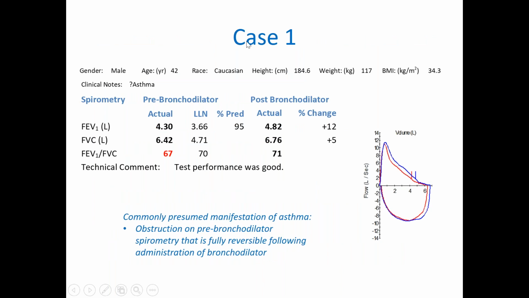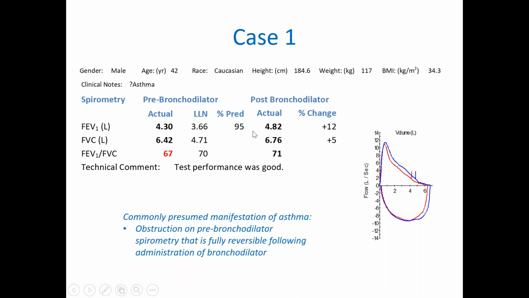So just to orient everyone to the slides for the cases here, we have the demographics up the top of the slide. We then have the parameters of spirometry in the first column here, FEV1, FVC and the FEV1/FVC ratio. The next column across tells us the pre-bronchodilator or baseline spirometry results that the patient actually blew. The next column across tells us what the lower limits of normal are, so where the normal range begins.